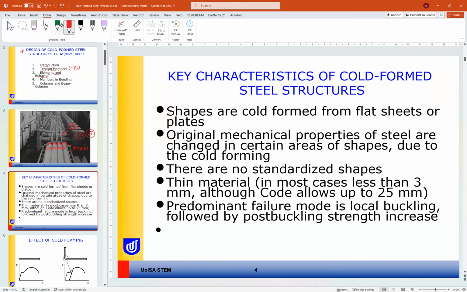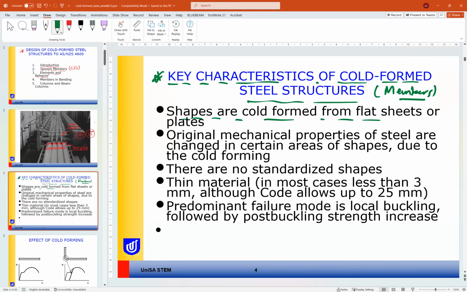This slide gives us the key characteristics of cold formed steel structures or cold formed steel members. So shapes of cold formed steel are formed from flat sheets or flat plate, as we mentioned. The original mechanical properties of the steel are changed in certain areas of the shapes due to the cold forming.